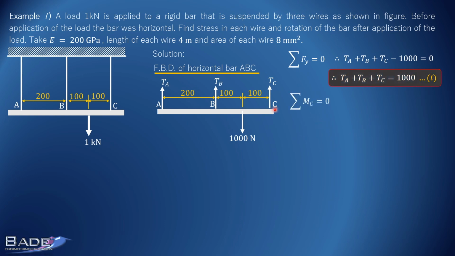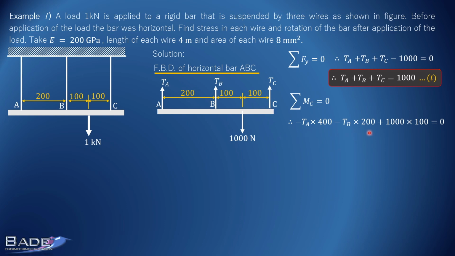Now sum of moments about C, you may choose point A also. That's your choice. Moment center is your choice. You may choose point B as moment center. So I have chosen point C as moment center. So TA into 400 clockwise. TB into 200, moment center is C, so distance from point C we have considered.